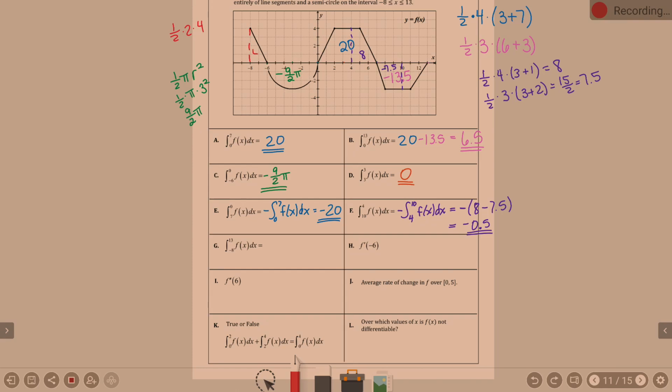So what do we have here? We're going to have 4 plus 20. Just plus 20. I know, my thing's a little confusing there, but you have to mark it better or know what you did. So, he's saying 4 plus 20.